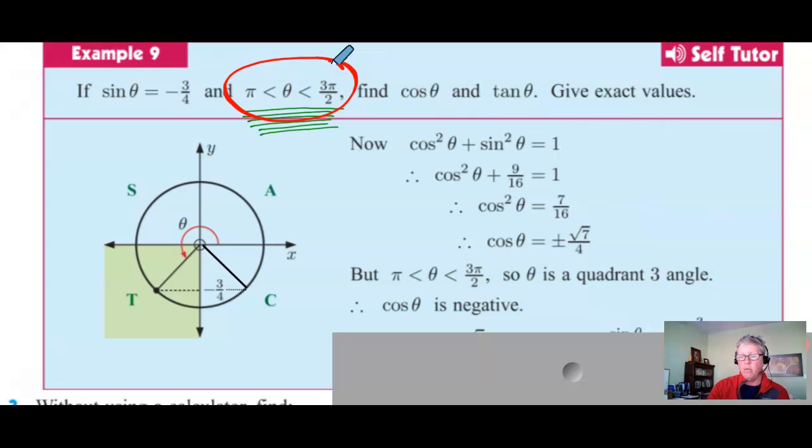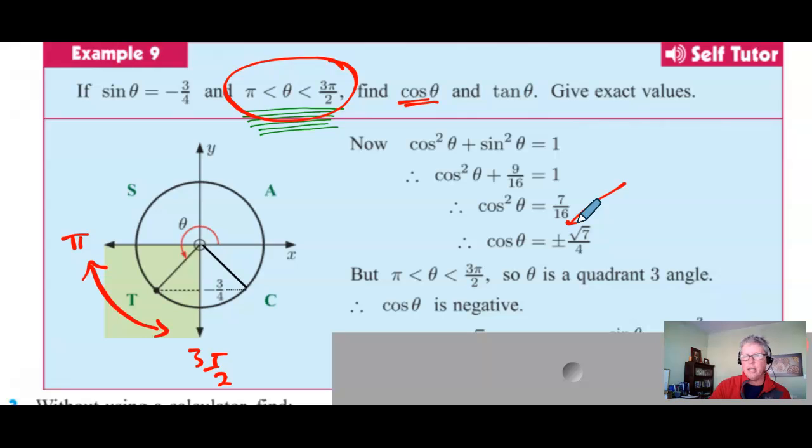So you have to understand what quadrant that is. Well, here's pi, here's 3 pi over 2. They're saying we only want angles that deal with that. Fine, that's great. What's important about that is that the cosine value, we're going to get two values right here.